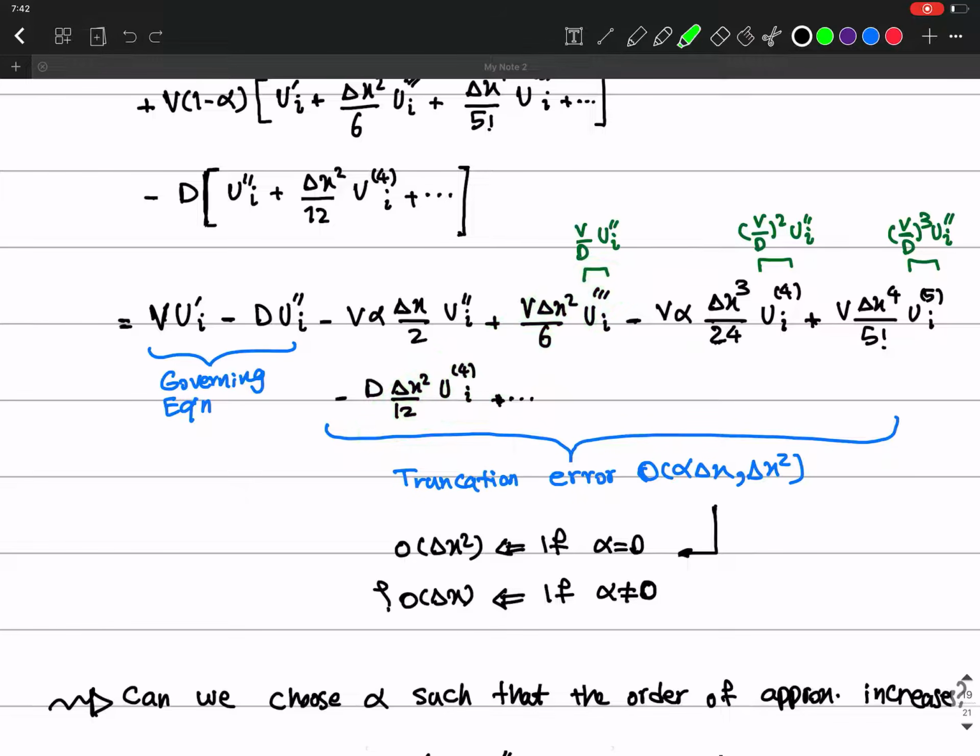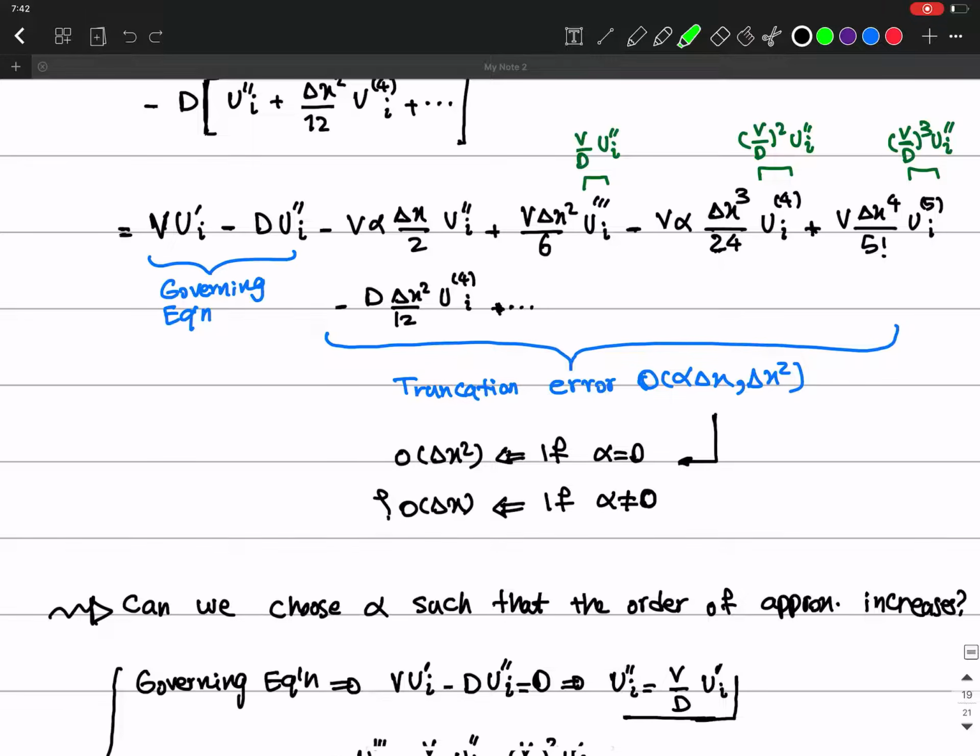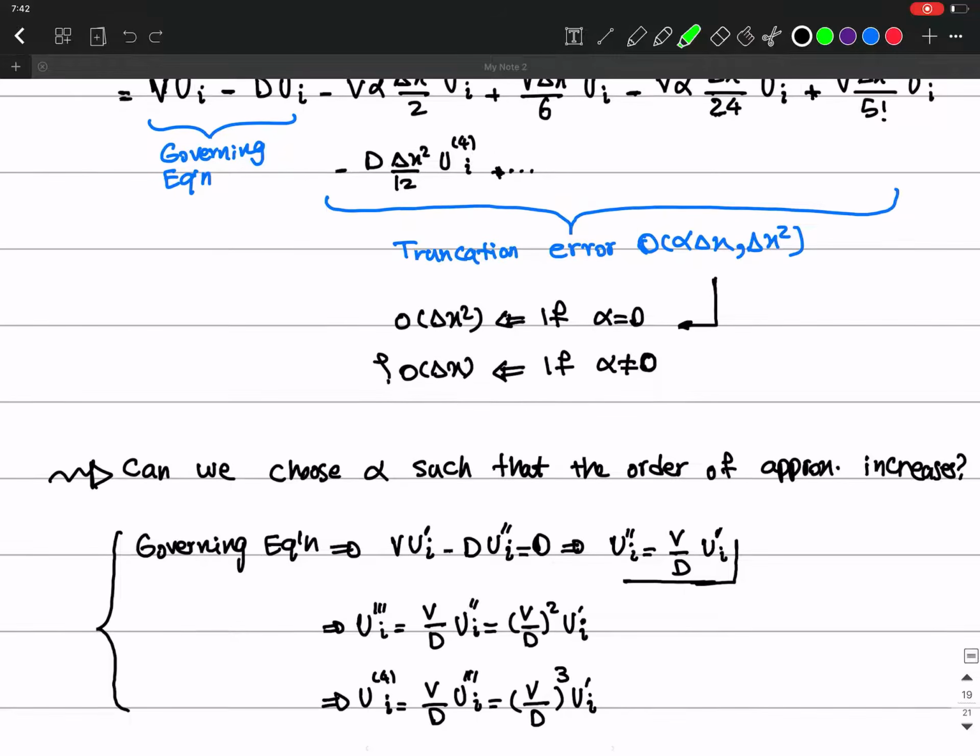From these two terms, we can say that. And the question was, what if alpha is not 0? Is it going to be order delta x or something else? So the question we mentioned was, can we choose alpha such that we increase the order of accuracy of this approximation?